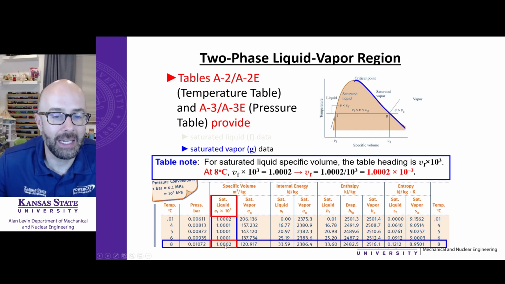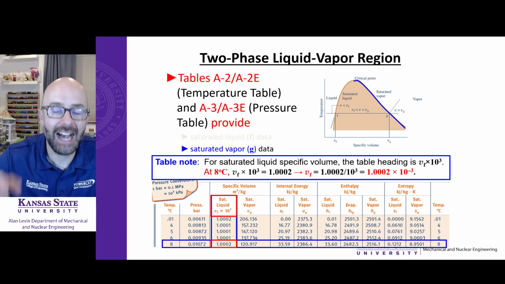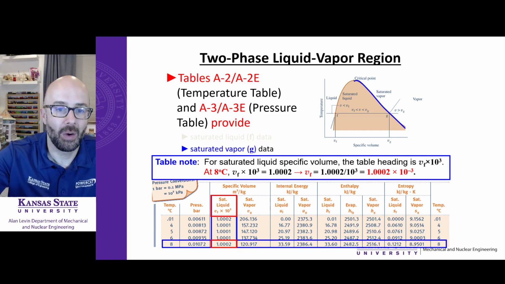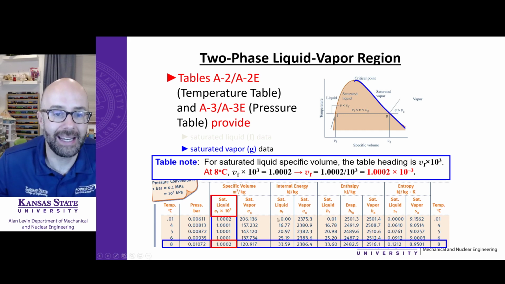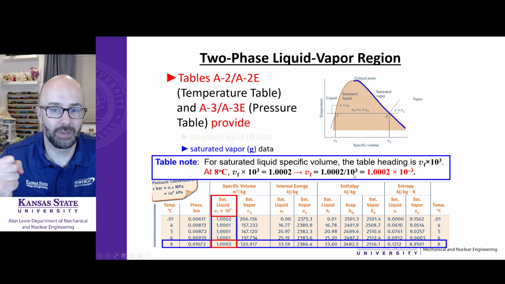Now that doesn't mean 1.0002 times 10 to the third. What that means is that they took the value of a specific volume times 10 to the third and they put it into the table. So what you need to do to get it out of the table is divide by 10 to the third to find out what your actual value is.